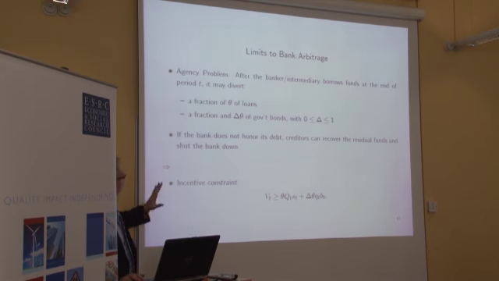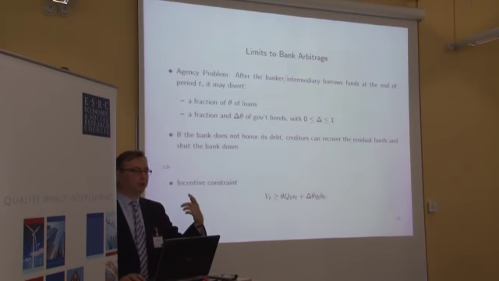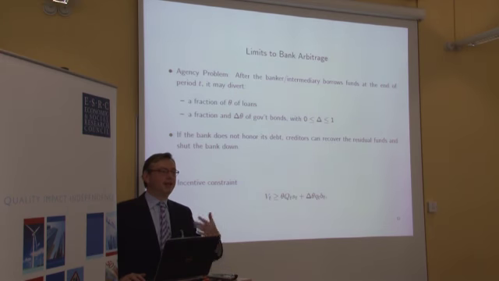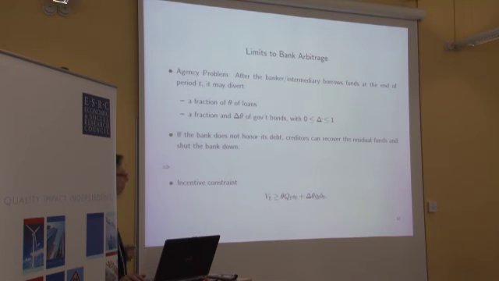Basically, what we do is we introduce an agency problem where the bank has an incentive to make off with some of the depositors' funds. We also assume that it's easier to make off with the funds from a private portfolio than from a long-term government bond portfolio. The reason we do this is we want the friction to be greater in the private securities market than in the public market.